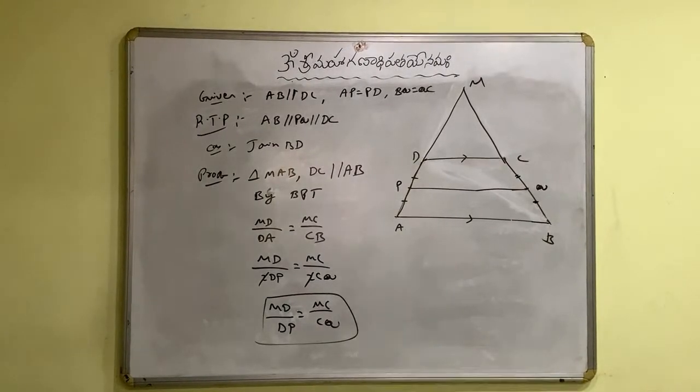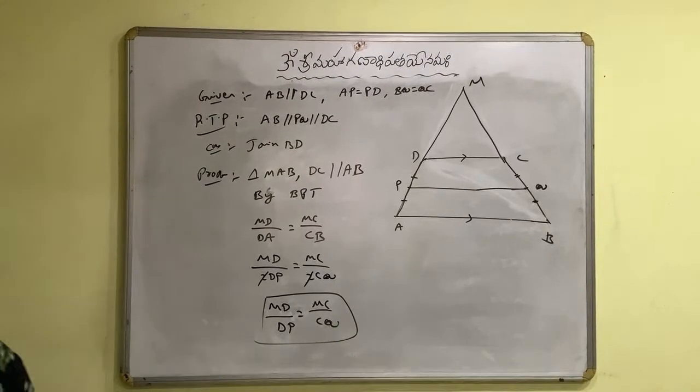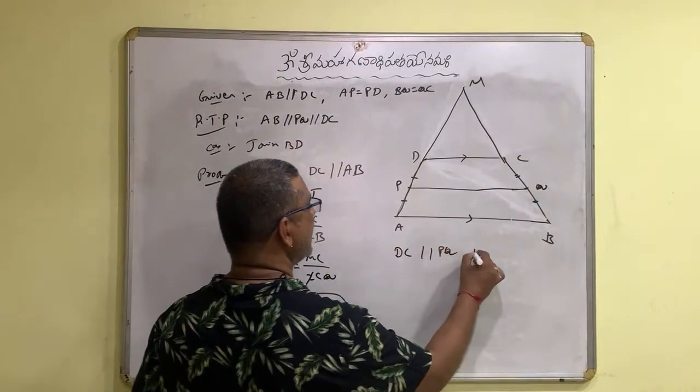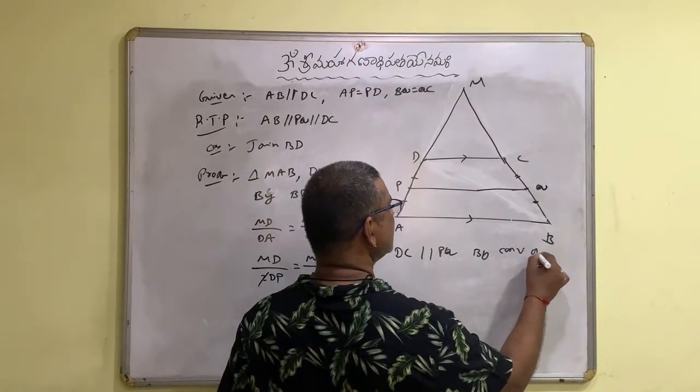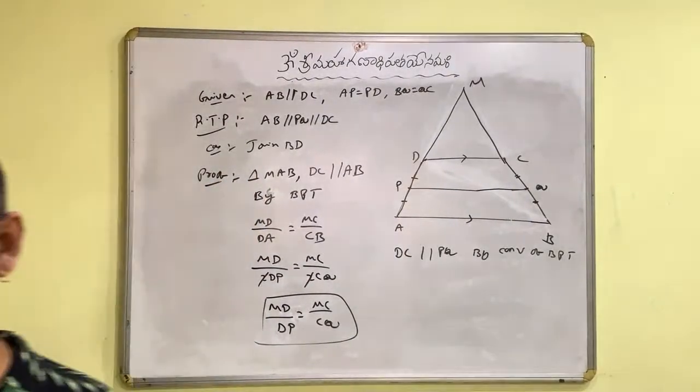Yes, Kriti correct. Sahasra, very good. DC is parallel to PQ by the converse of the basic proportionality theorem.